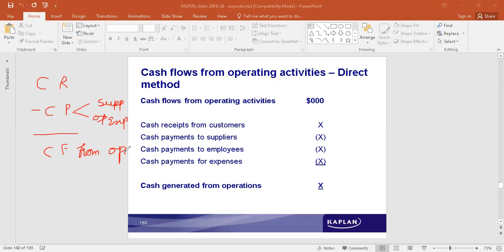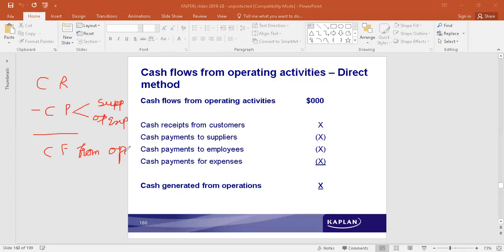That is not the criteria. If it relates to the current period, it is accounted in the income statement. So we need to very specifically identify what portion of the transaction is a cash transaction. So cash receipts from customers: only that portion of the sales against which cash was received is the criteria.